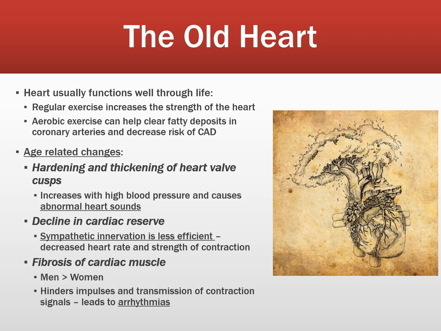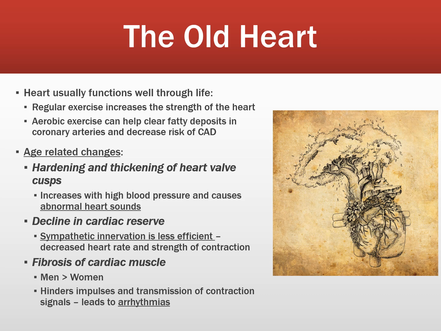But a couple things do just happen naturally with age, and one is that the heart valves, those cusps, start to thicken and harden. So you can get some abnormal heart sounds, some murmurs, because you can hear that blood flowing through those valves. You can also get some valve insufficiency that way as well, which will lead to congestive heart failure.